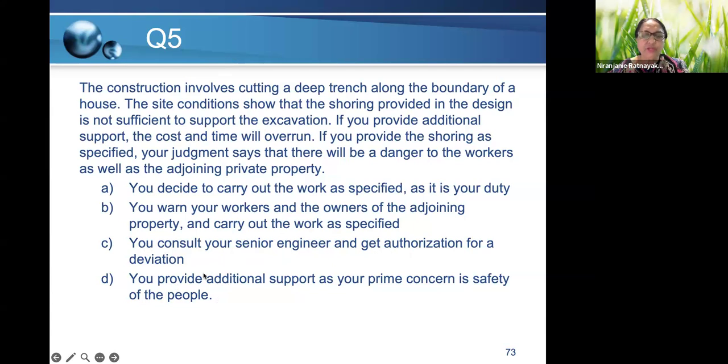Otherwise, you are taking on an unnecessary financial burden on yourself, and you may have to face the consequences. It will be better for you to consult your senior engineer and get authorization for a deviation without taking the burden onto yourself. Okay? So C would be the one that I would go with.